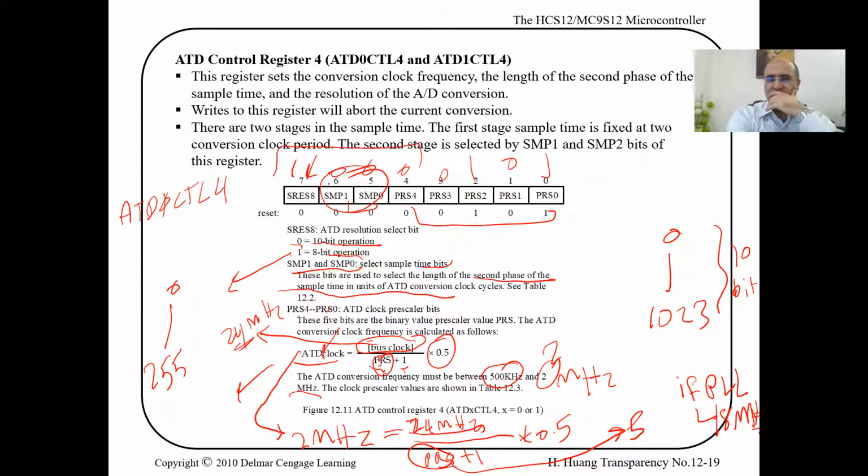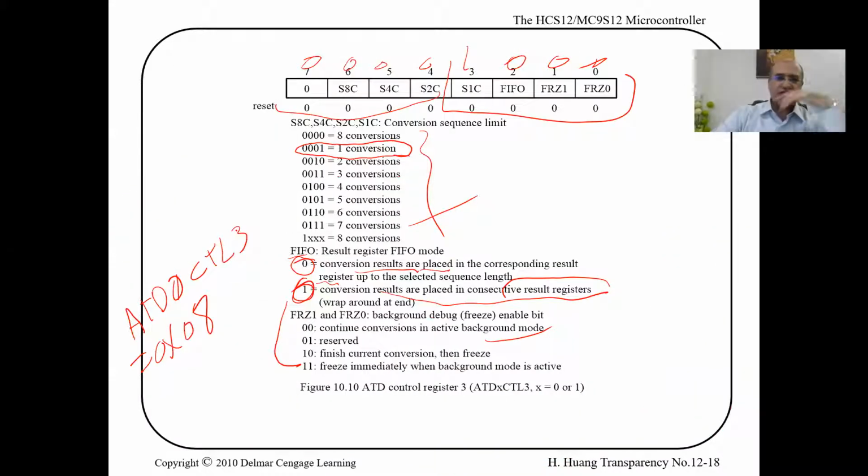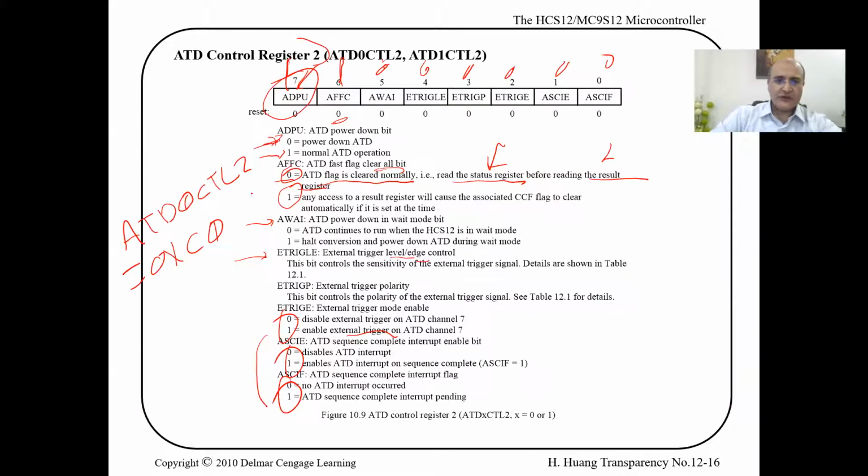These are what? 8 8 5. 8 5, 85. So this register 4 is 85. Register 3 is 8. Register 2 is C0. Meshi.